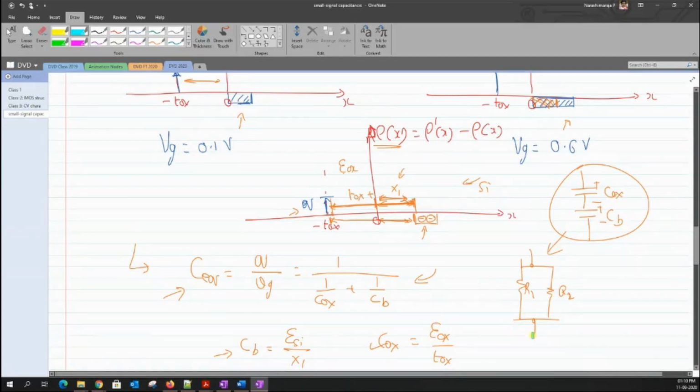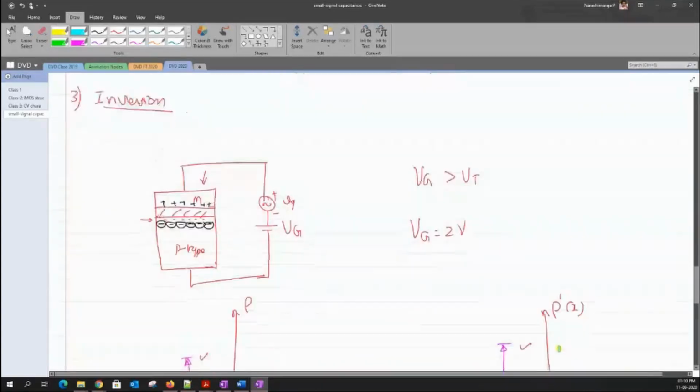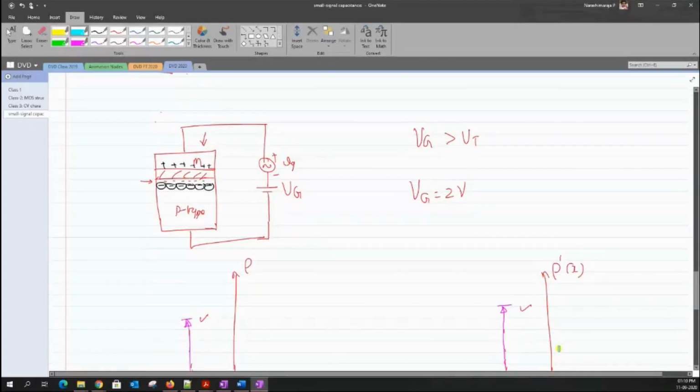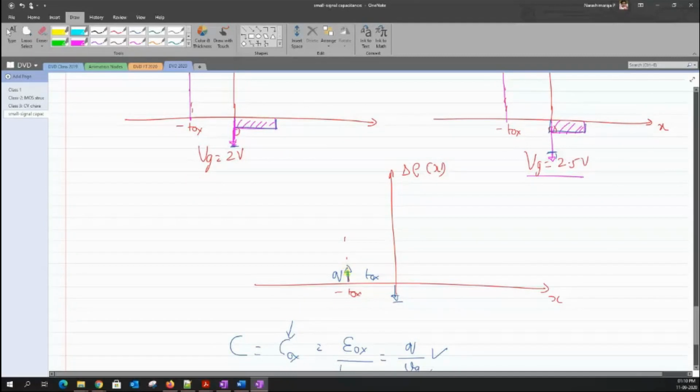Now let us move on to the other region, the inversion region, wherein we bias our MOS structure much higher than the threshold voltage. Later when I apply a positive step input, we end up having a spike of charges that is now separated by a distance of just TOX.